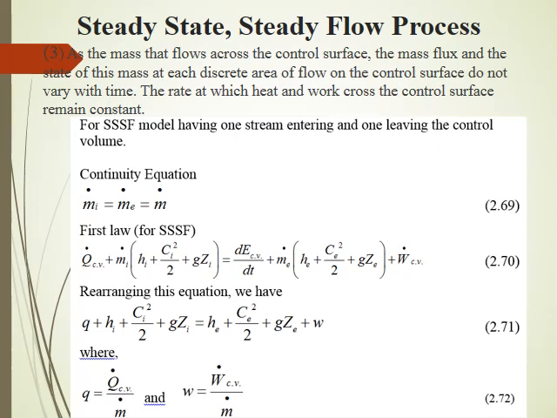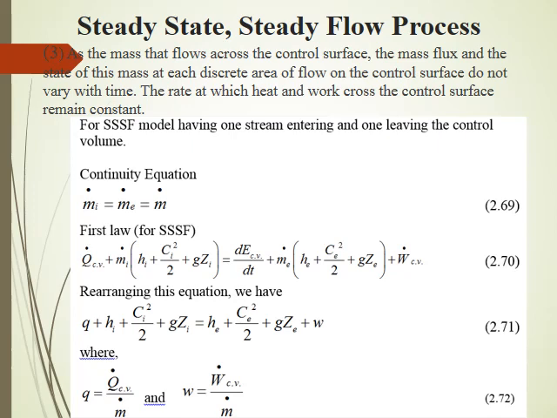Now the first law for steady state steady flow can be written as shown by equation 2.70. Here, since m_i dot is equal to m_e dot is equal to m dot, and moreover Q_cv dot can be written as q into m dot, because q is the heat transfer in kilojoule per kg and m dot is the mass flow rate in kg per second.